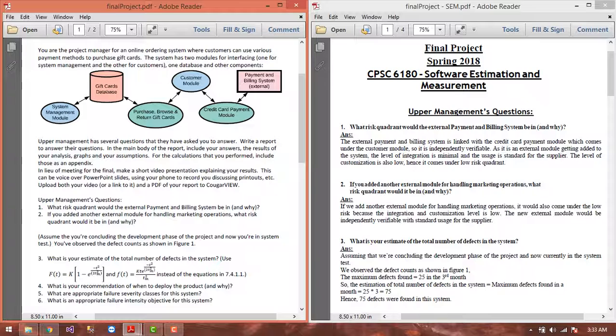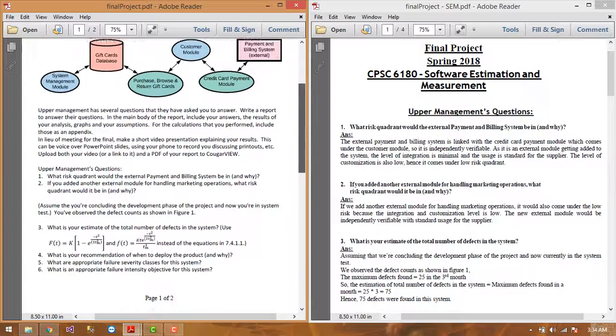The level of integration is minimal and the usage is standard for the supplier. So the level of customization is very low. So it comes under the low risk quadrant, as the professor explained in his video lectures, that if an external module is getting added to the system, then its level of integration and customization is low, and hence it comes under the low risk quadrant.